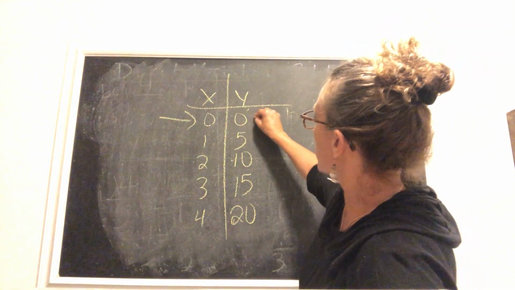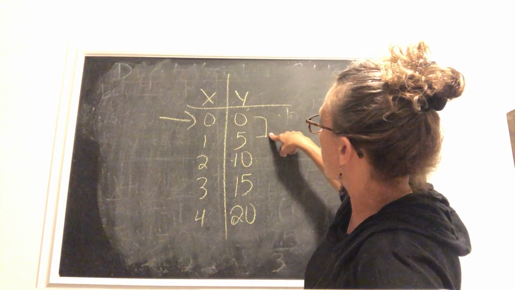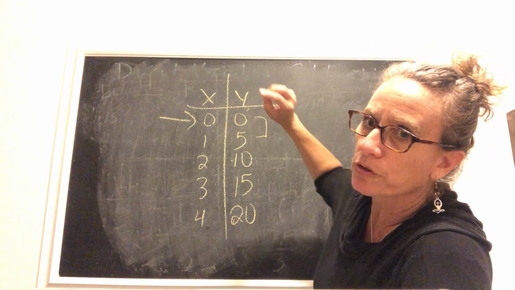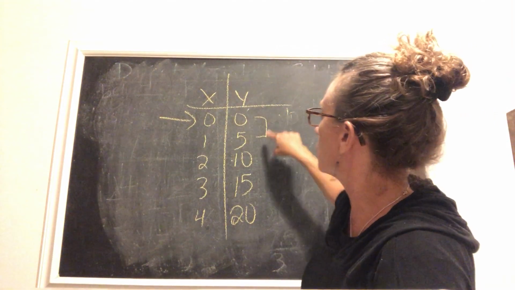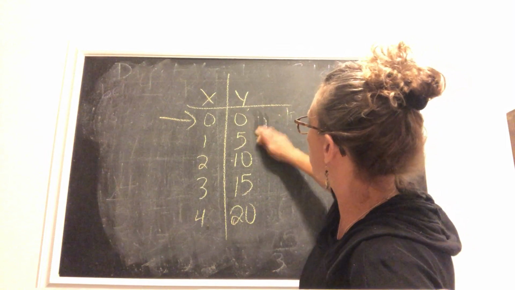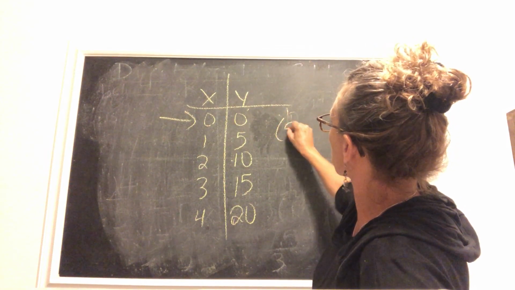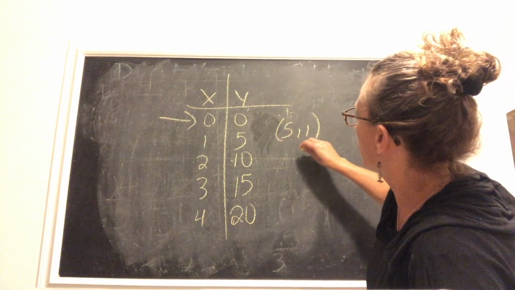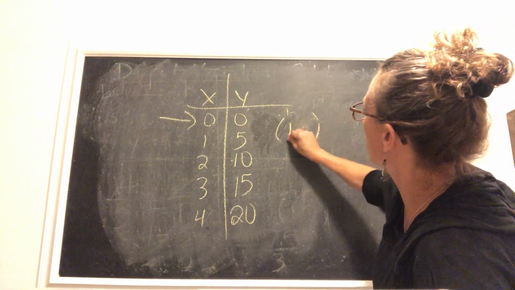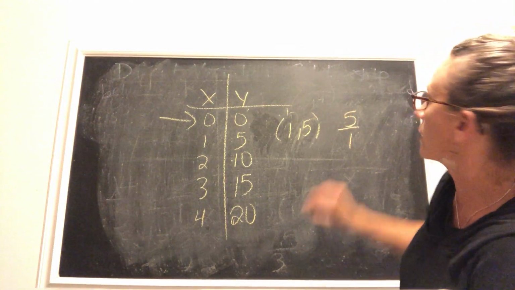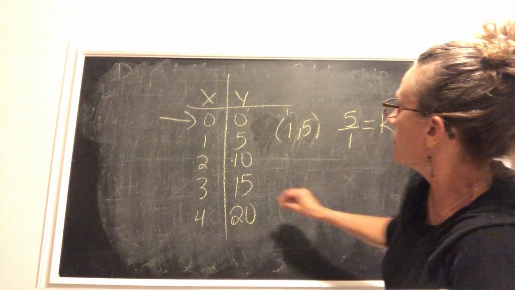And then when I looked at the change in the y's, 0 divided by 0, first of all, I'm not even going to talk about that because that's undefined. 5 divided by 1 would be the first point, (1, 5), and write the proportion 5/1 as the constant of variation.